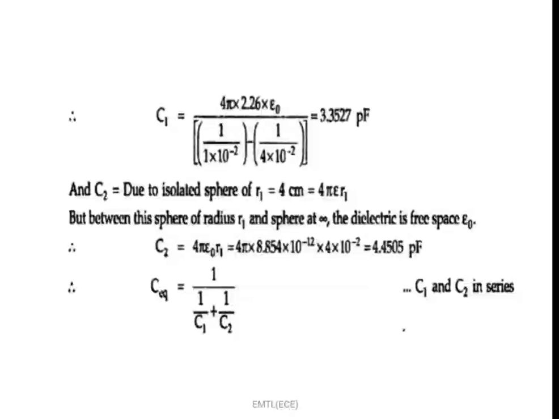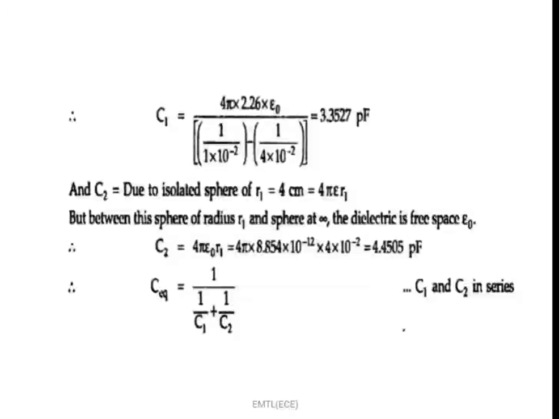So here there is another case we have to select. C2, due to the isolated sphere, R1 equal to 4 centimeters, is taken as 4 pi epsilon R1. That means between the sphere of radius R1 and a sphere at infinity, the dielectric is taken as free space, that is epsilon naught.